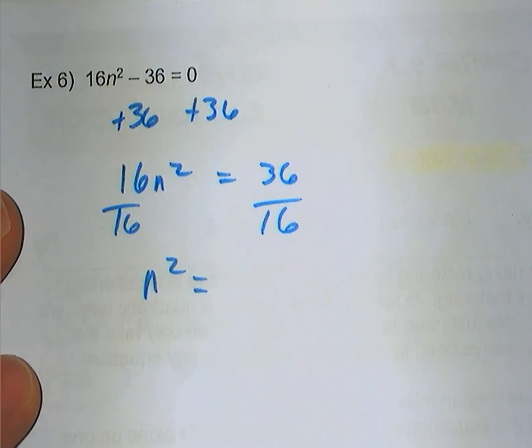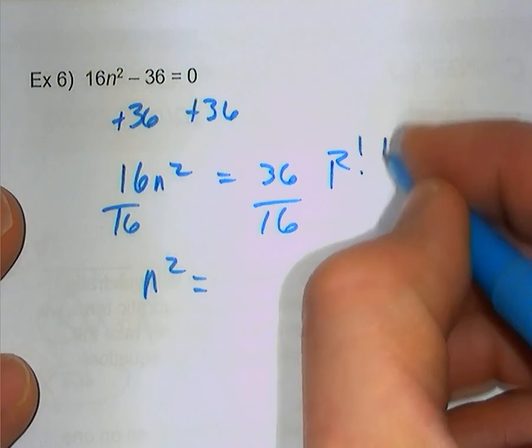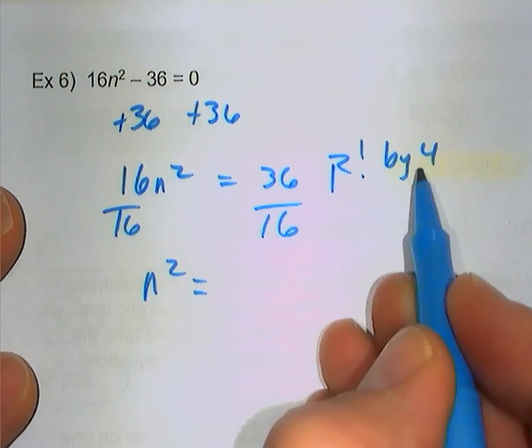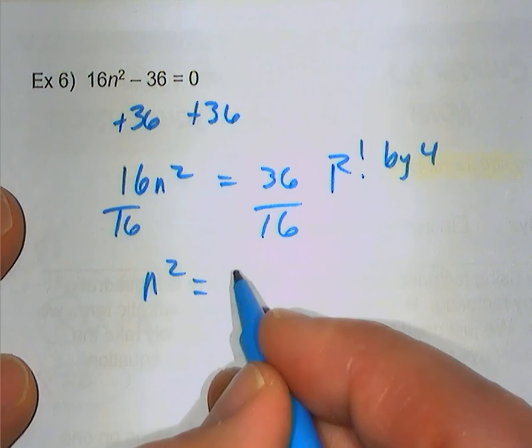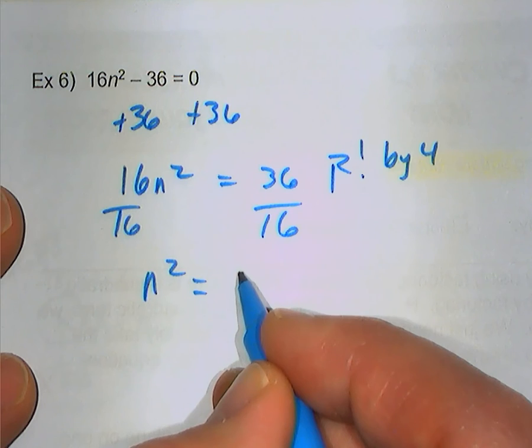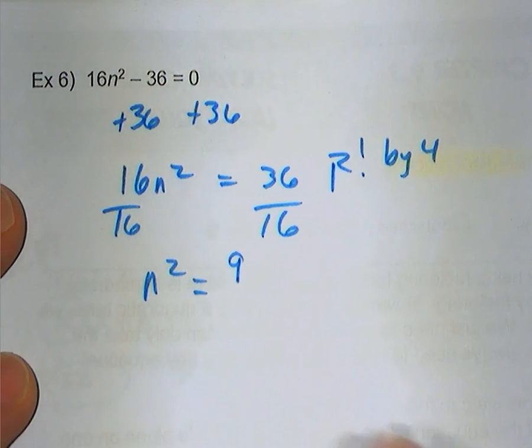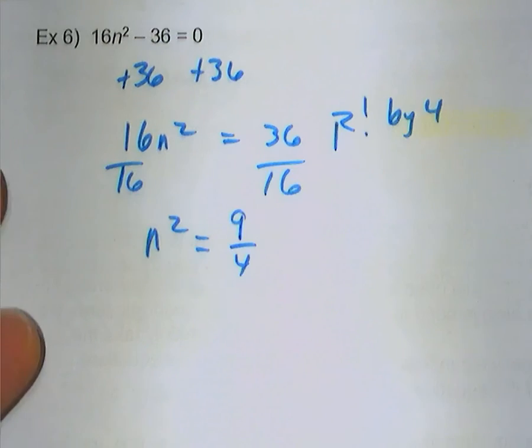What are they both divisible by? 4, right? They both divide by 4. What's 36 divided by 4? 9. What's 16 divided by 4? 4. So now we have this guy.